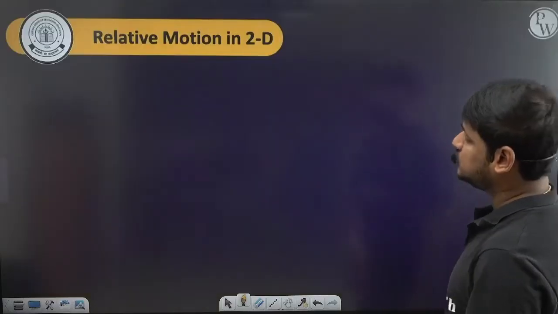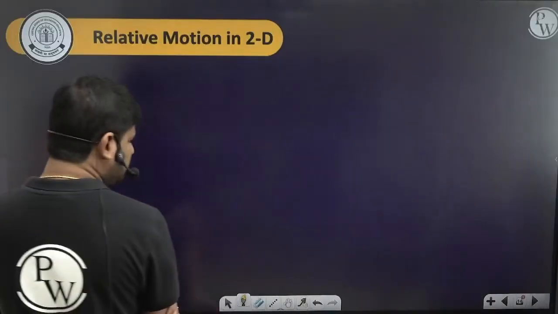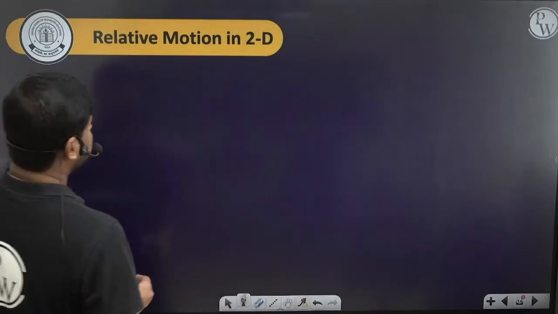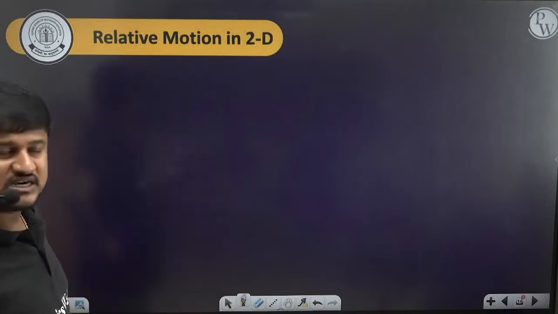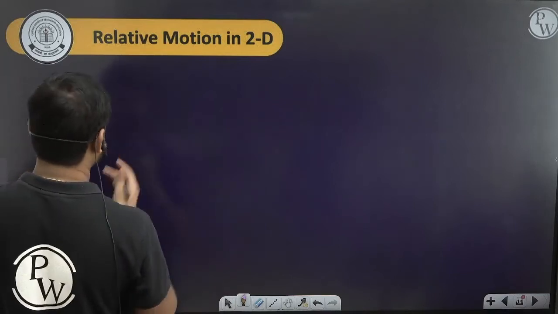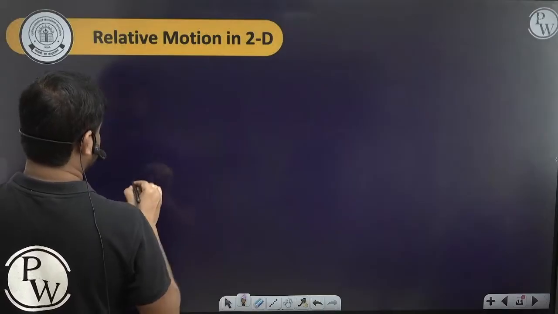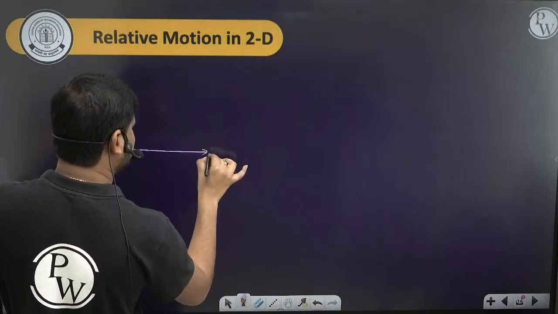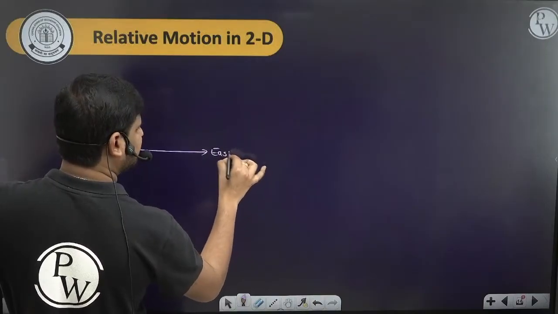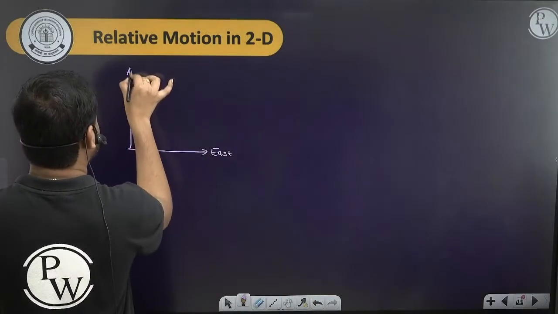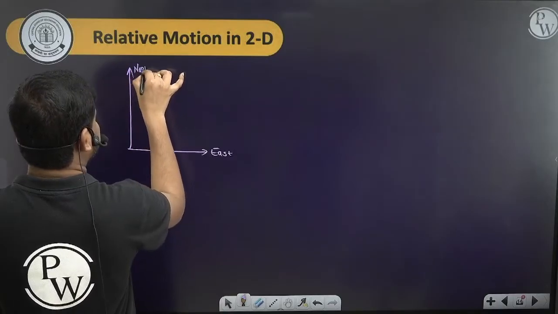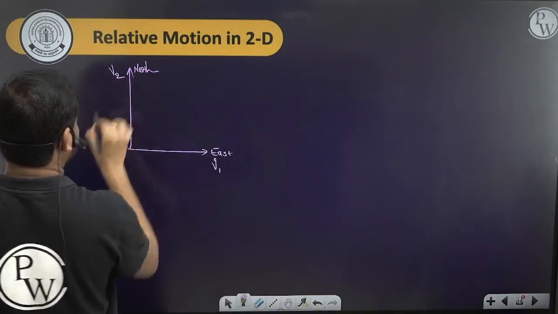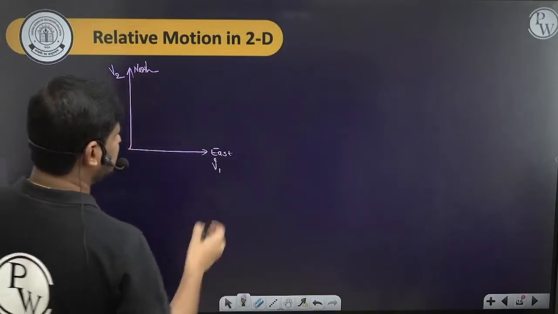So the next topic is relative motion in 2D. Until now, whatever we discussed was one-dimensional motion. But if the body is moving in two dimensions, like the XY plane, for example, one body is moving due east with some velocity v1, and another body is moving due north with another velocity v2.